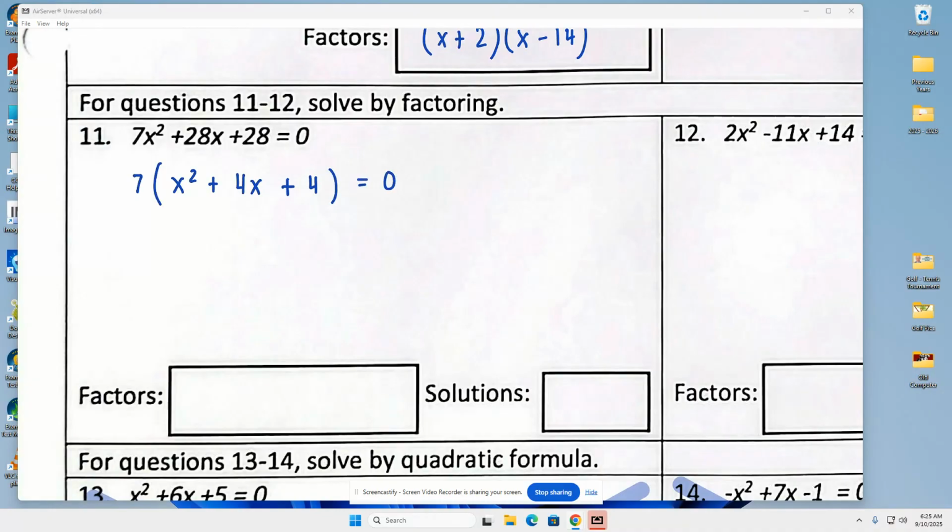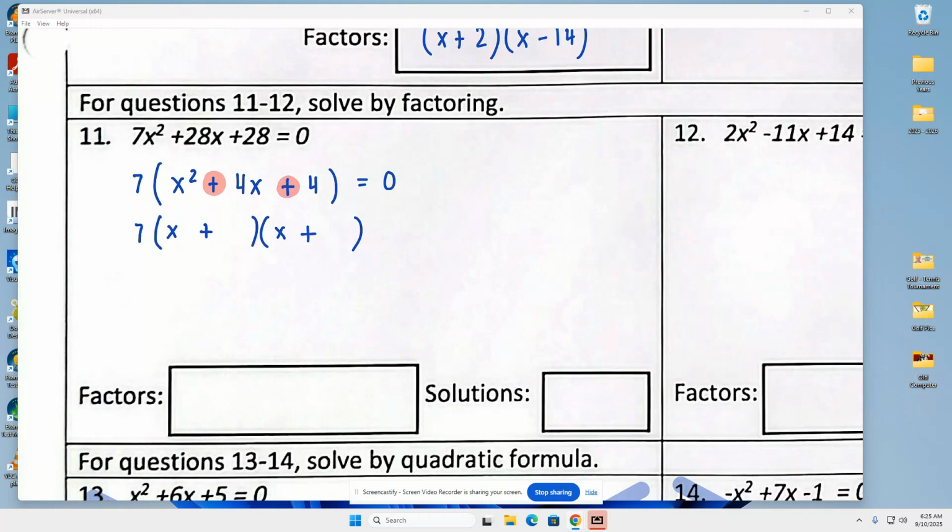All right? So we're going to try to factor that trinomial into two binomials. What multiplies to get x squared? X times x. What multiplies to get this positive? Well, that's either two positives or two negatives. I look here in the middle, it's positives. So two positives. So we're looking for the two numbers that multiply to get 4, combine to get 4.